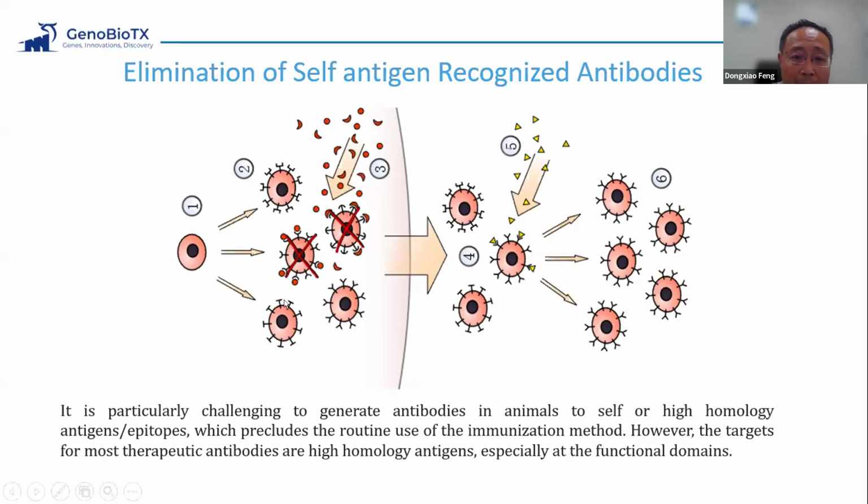This is the mechanism by which our immune system eliminates all the B cells that can recognize our self-antigens. All the premature B cells are induced to apoptosis before they can develop to secrete antibodies against our own antigens. That's why it's really hard to develop antibodies against antigens with high homology, or self-antigens, in rodents.